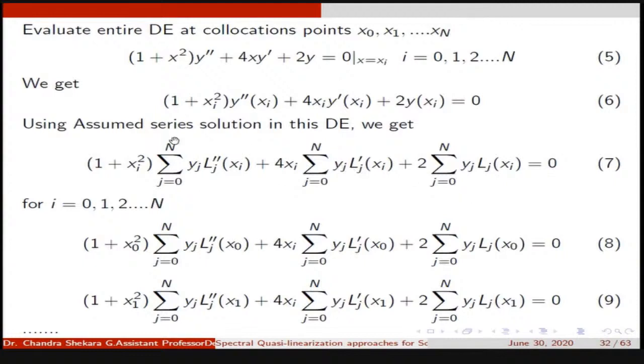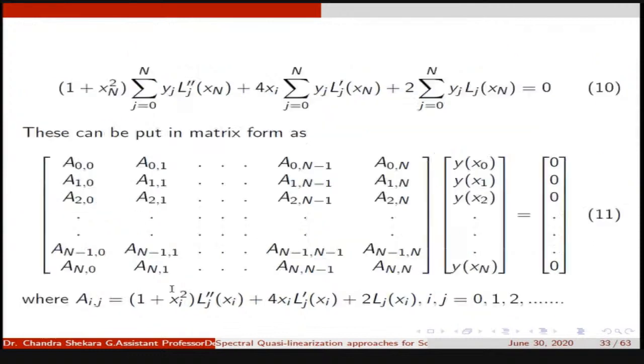This is the solution, substituting the assumed series solution in the differential equation. Then you expand this summation and compute at each collocation point. Then we'll get what is called a system of equations. Those system of equations we can represent in matrix form, as I mentioned. This matrix aij is nothing but a differential operator.